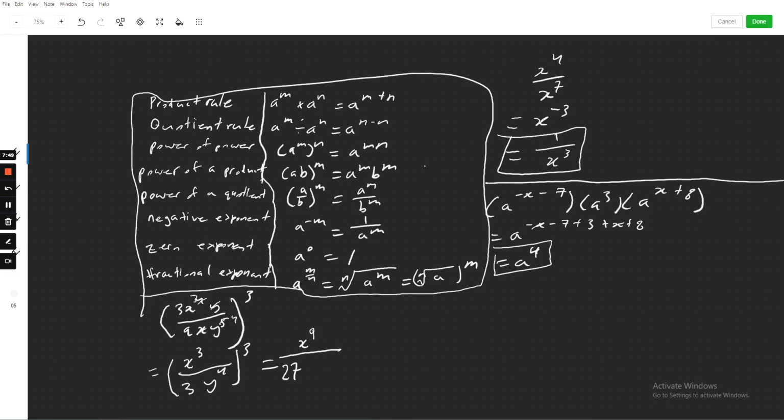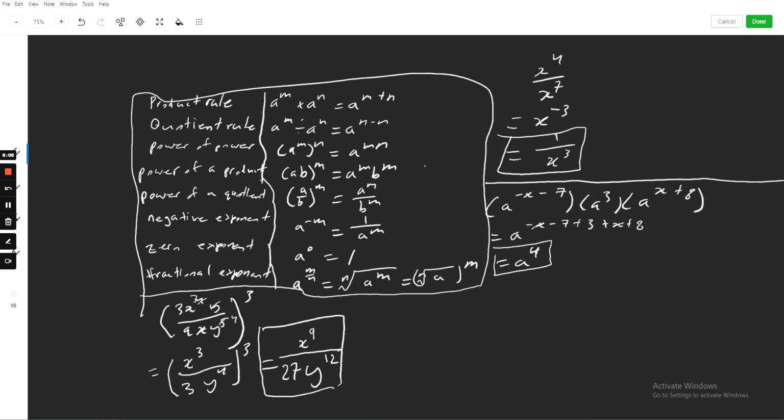And then y to the power of 4, and then to the power of 3, that'll be y to the power of 12. So there we have it. It will be x to the power of 9 over 27 y to the power of 12.